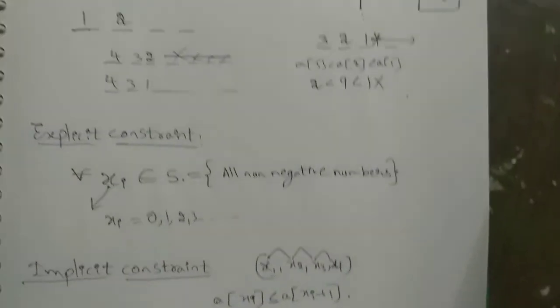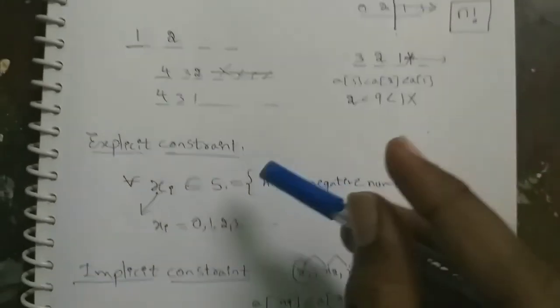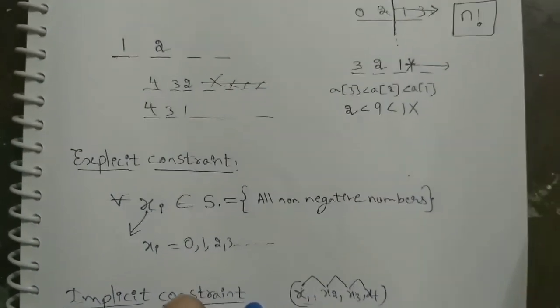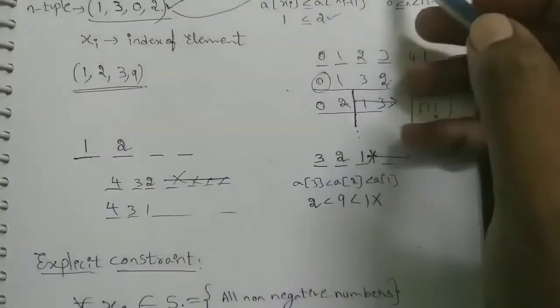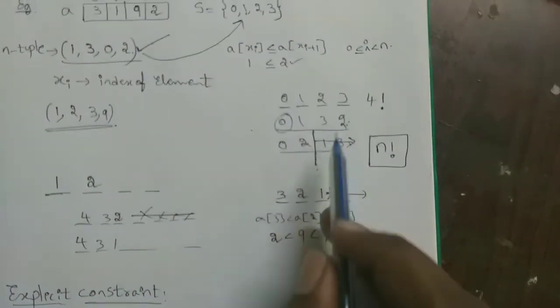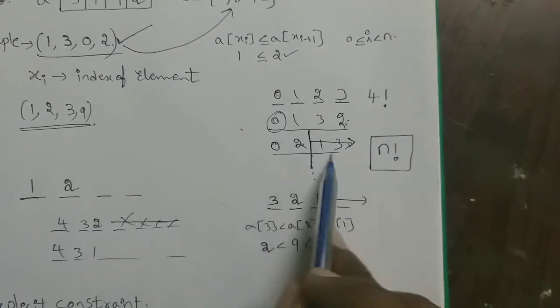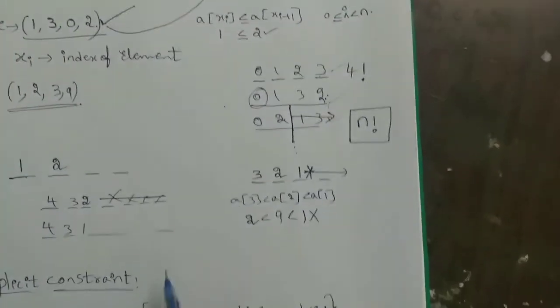Yeah, that's all for the introduction part. You understood what is meant by explicit constraint, what is meant by implicit constraint, and you also know the advantage of using backtracking rather than the brute force approach. In the brute force approach, it generates all the possible combinations completely and verifies each and every combination.